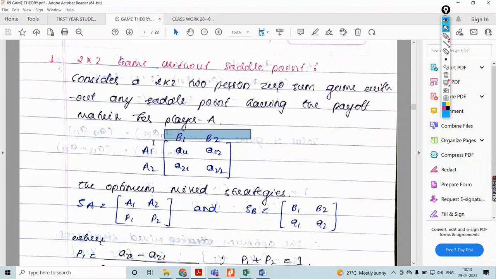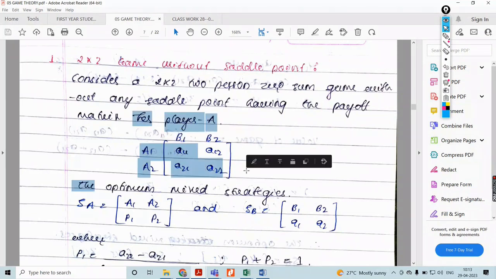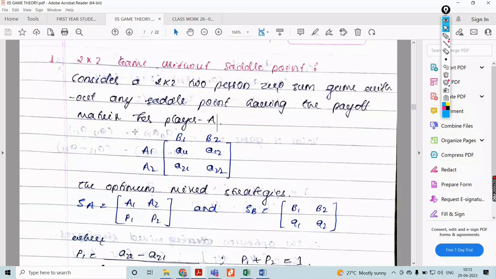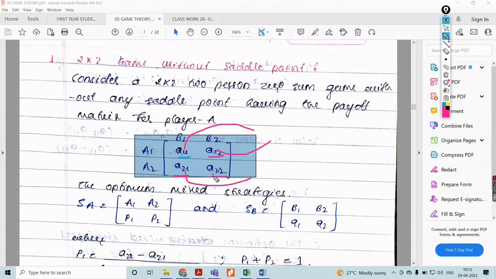The elements present in this particular matrix will be represented by A11, A12, A21, A22. These are the values of that particular game, used based on the outcome required by the individual player when they play together.